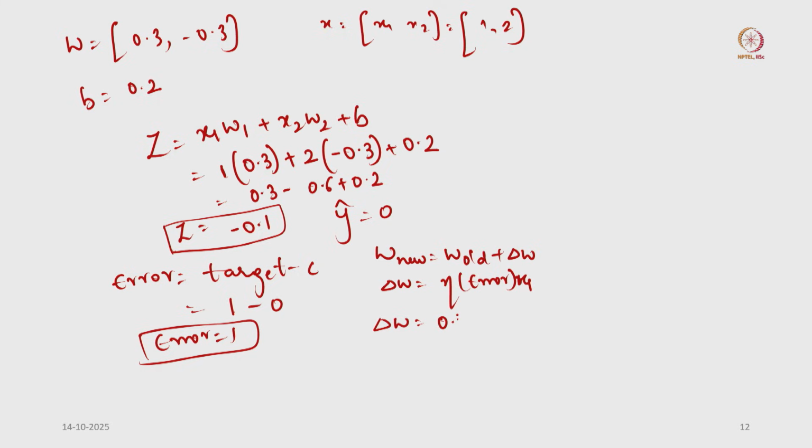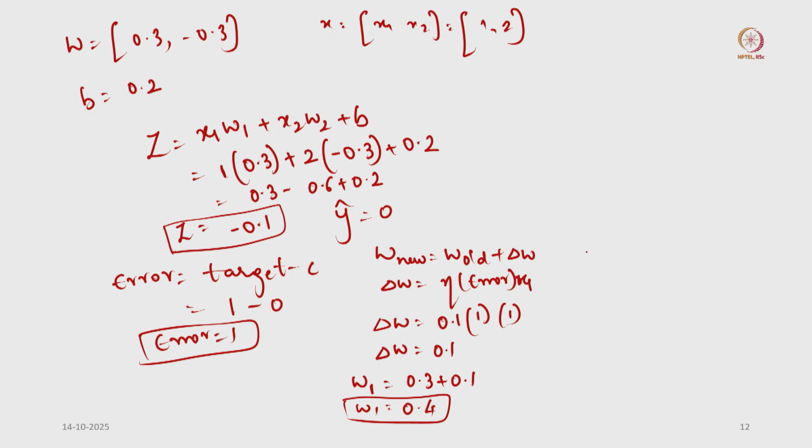What is the learning rate? Eta is 0.1, and the error is 1. The input is 1. So delta W is 0.1. With this, the new weight: the old weight is 0.3 plus 0.1, which is 0.4. The W1 value is 0.4. I think you are getting the concept.